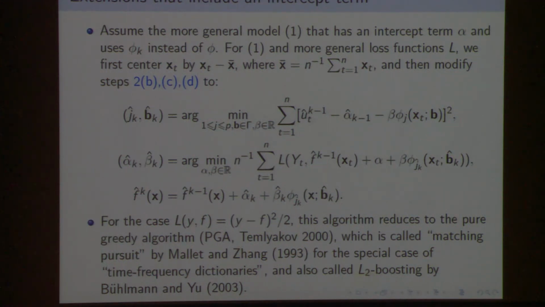Then at another time, as I iterate further, I may choose this same function j1 again, but then I may end up with another coefficient beta and another b.